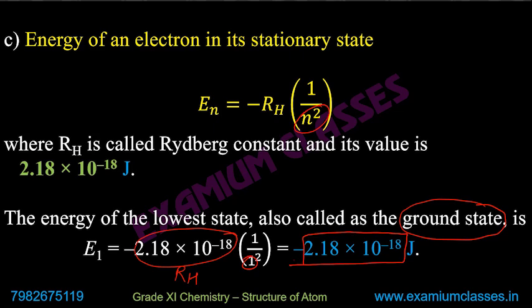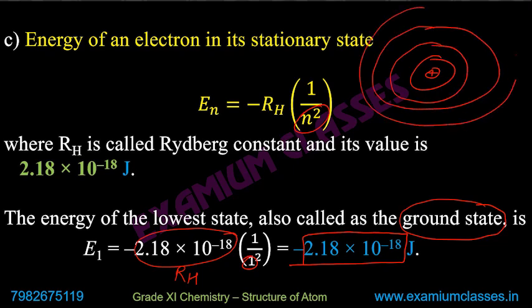The energy inside an atom will always be negative. I'm talking about energy, not energy change. Energy change can be positive or negative, depending on whether the electron is moving from a lower energy state to a higher energy state or higher to lower. But if I am talking about the energy of an electron, that will always be negative.